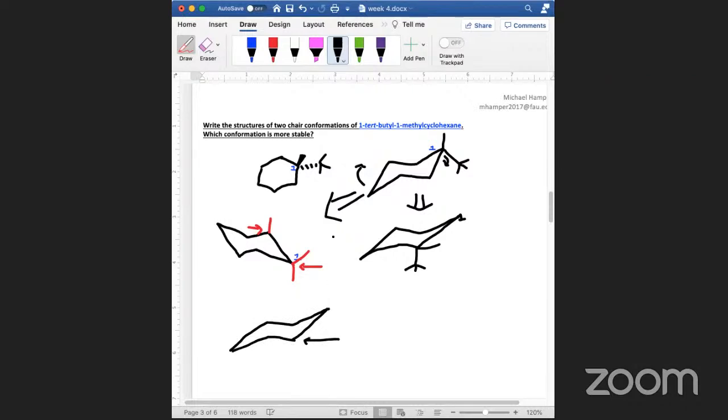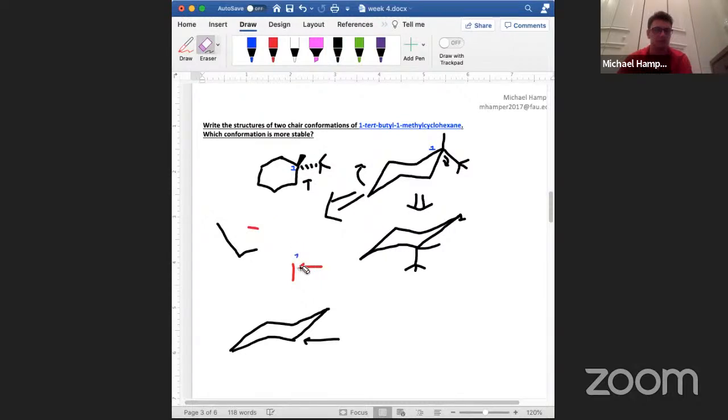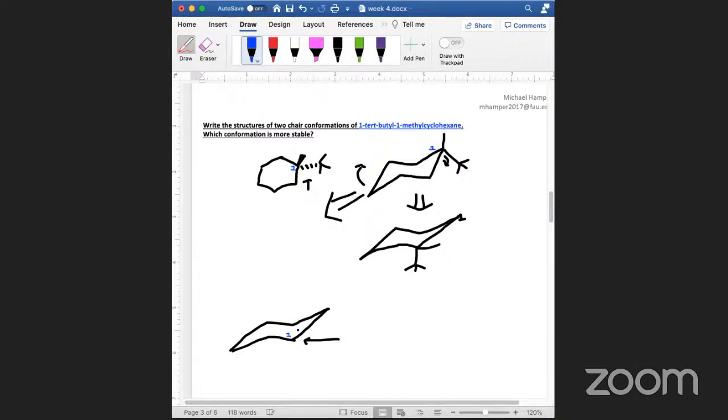You would still use that rule of thumb, wedges up, dashes down. So if I wanted to call this carbon number 1, now wedges up, dashes down, right? Terbutyl's down from that carbon.